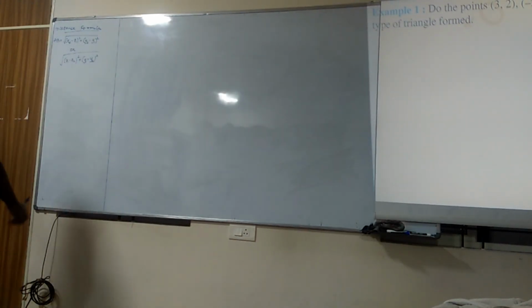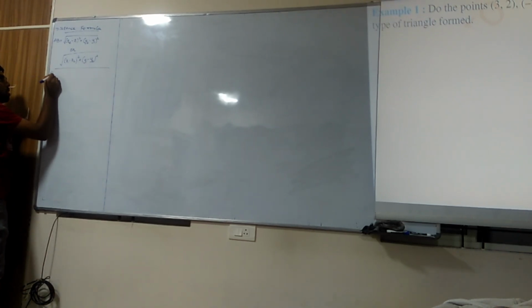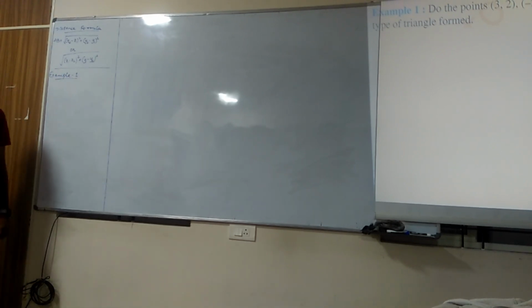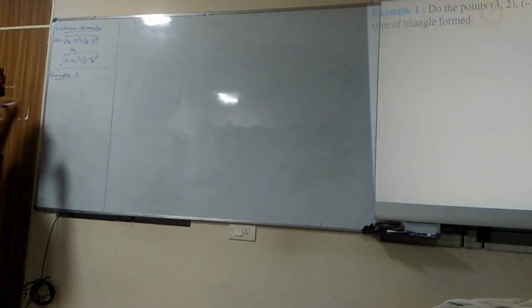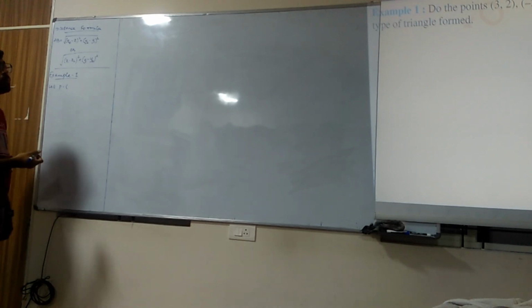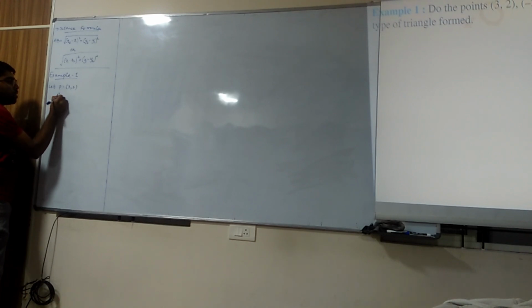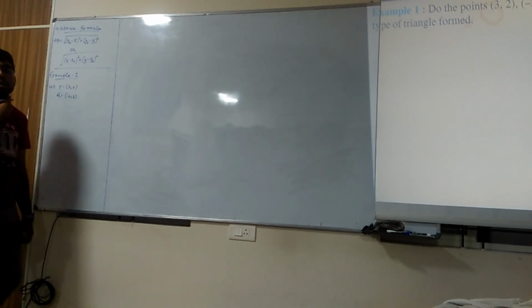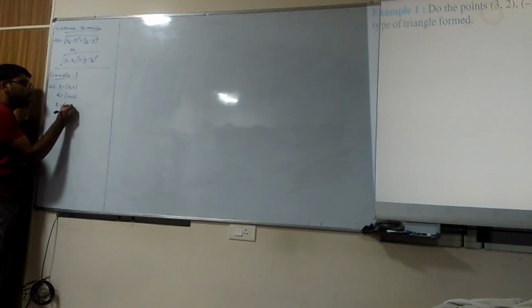Pens down and give your time. Okay? So let point P be (3, 2), point Q be (-2, -3), then R is (2, 3).